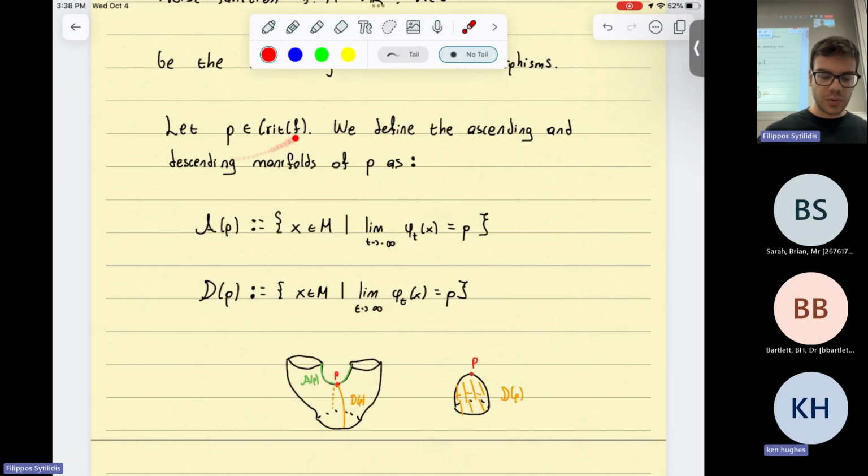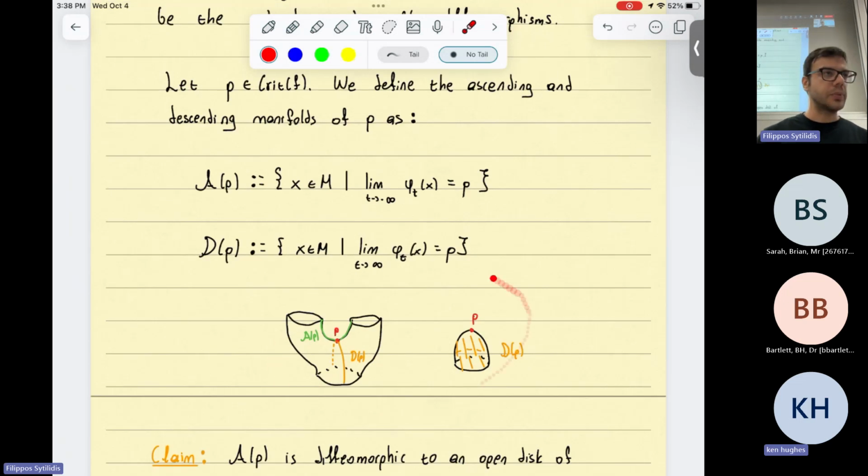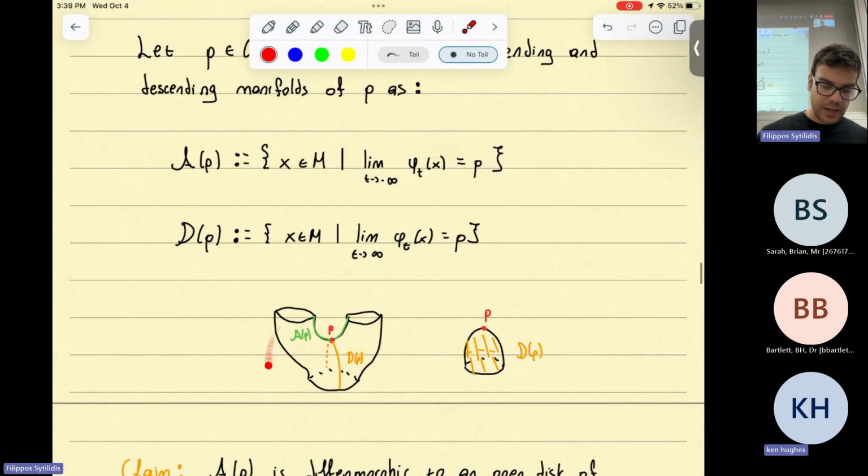And if you start with a critical point P, there are two manifolds which are quite important for us: the ascending and descending manifold. So this is the definition, and this is the picture to keep in mind. If this is the pair of pants with the height function and critical point P, the ascending manifold of P consists of all those points in X that eventually will flow back to P. So this is what this green part looks like.